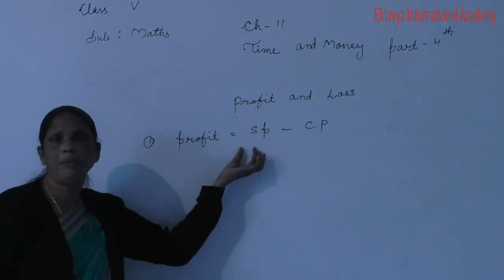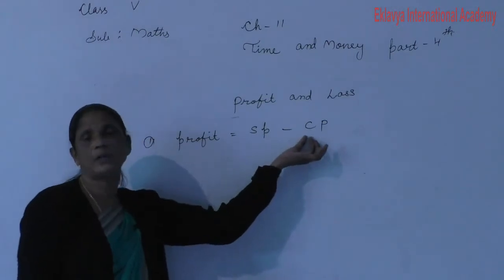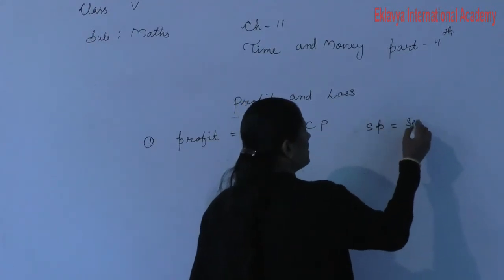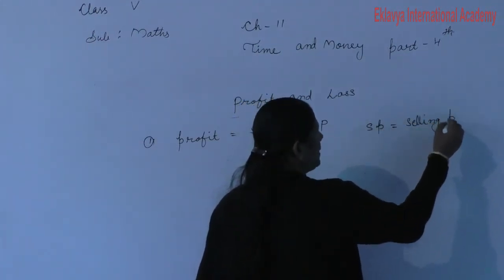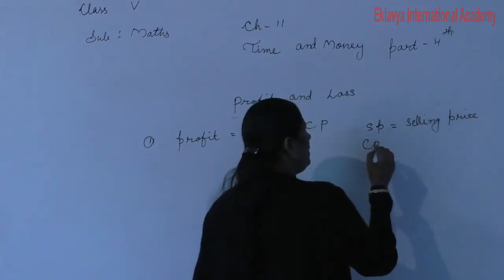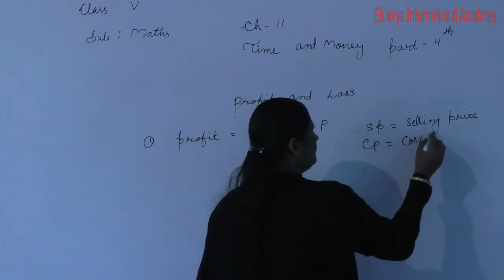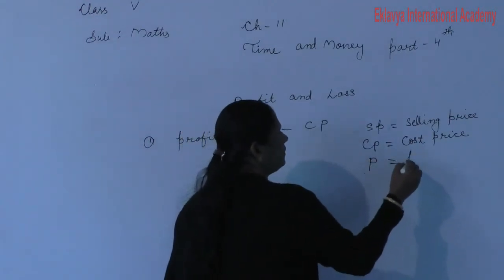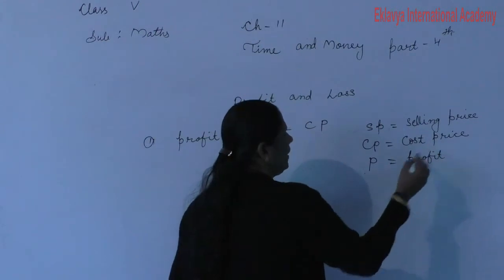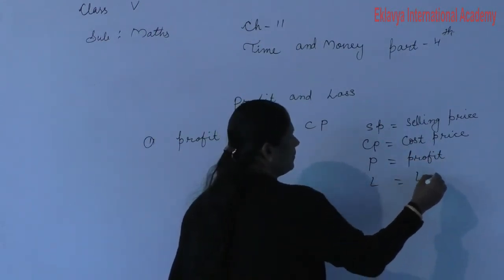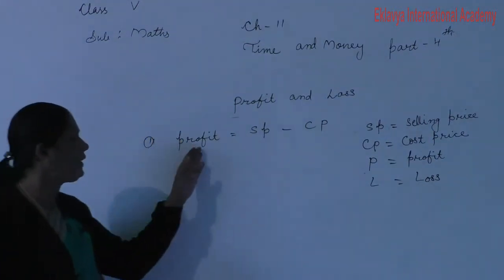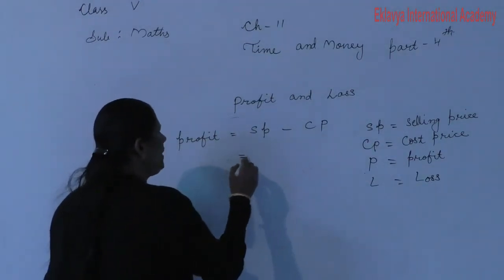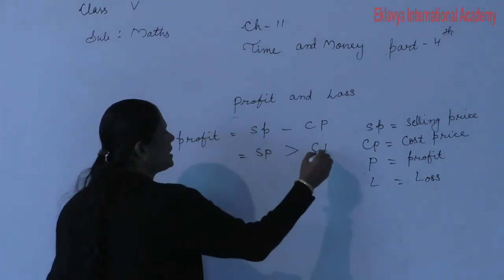SP means selling price, CP means cost price, P means profit, and L means loss.